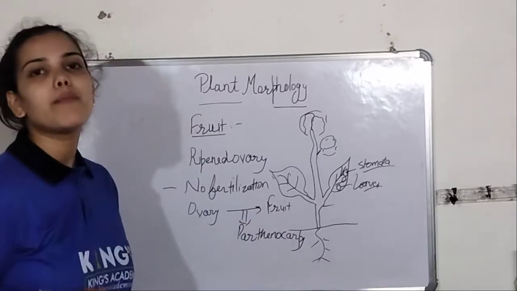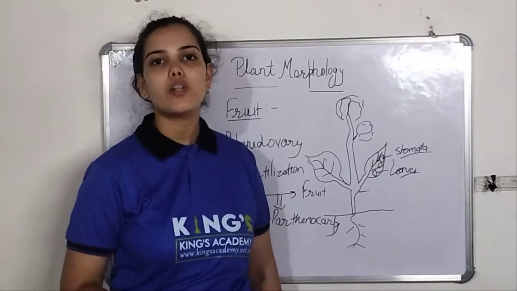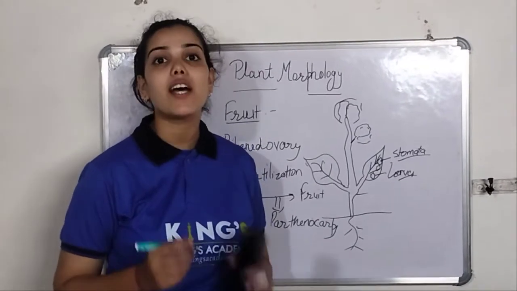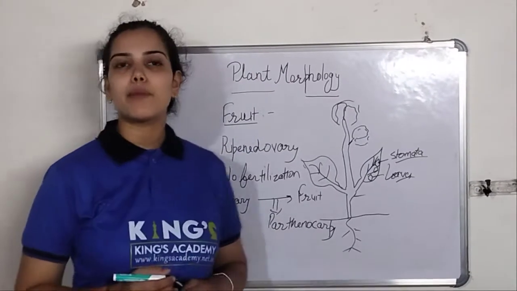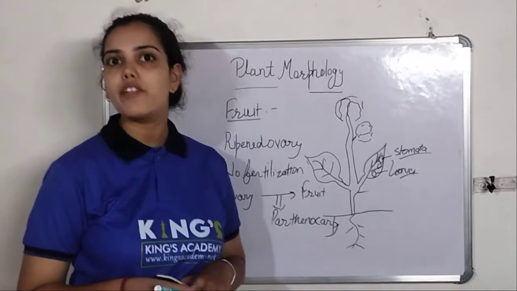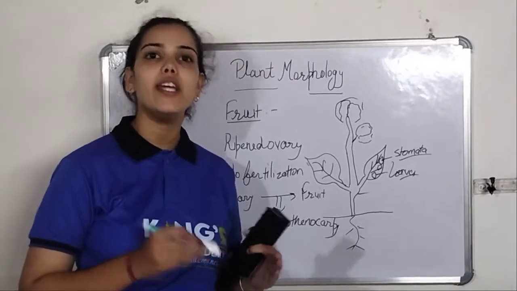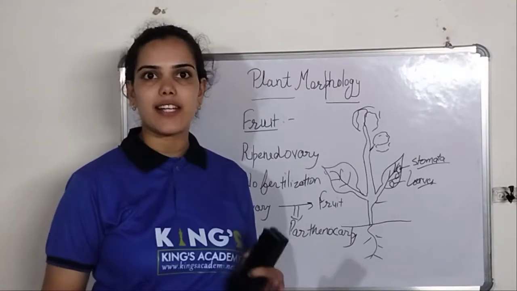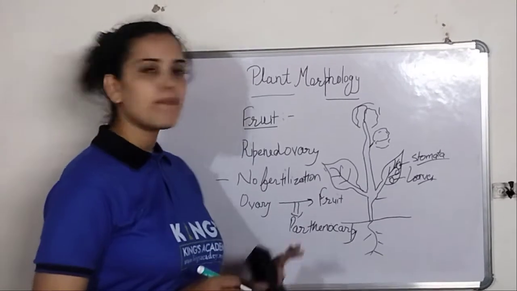The most important example of parthenocarpy is banana. Banana is a parthenocarpic fruit which comes directly from the ovary without any fertilization. So this is called parthenocarpy.